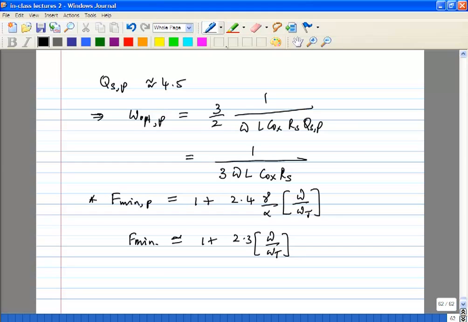So if you actually look at some different values, let's take 4 values, 20, 15, 10 and 5. Looks something like this, and your F min P is not too bad.